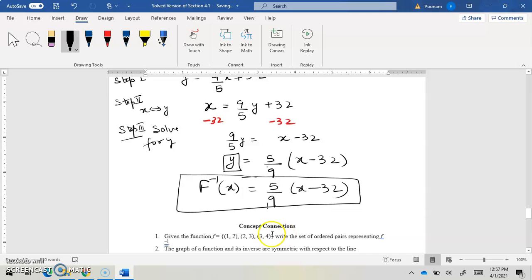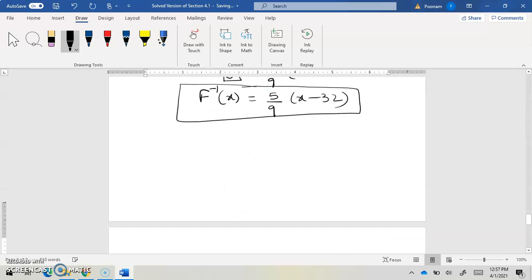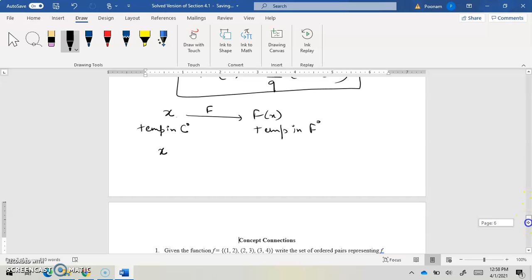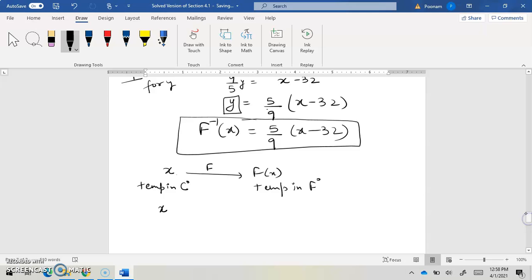Now, what was f doing? So we had, what is x? X was temperature in Celsius. When we applied f on x, we got temperature in Fahrenheit, right? Now we have f inverse. This was applying f. Now in the reverse, inverse function, what we have is the answer y, right?